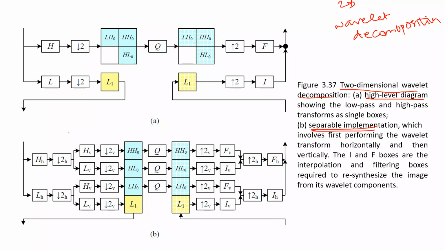In the high level diagram, remember H represents the high pass filter. High pass filter means it will keep the high frequency. Low pass filter means L. Okay, so the input image is passed to the high pass filter as well as the low pass filter, and it is downsampled by two. Downsampling means the image will be reduced, right?